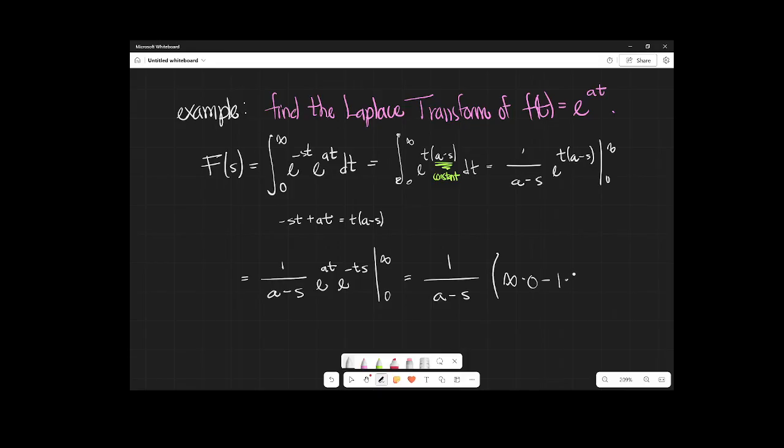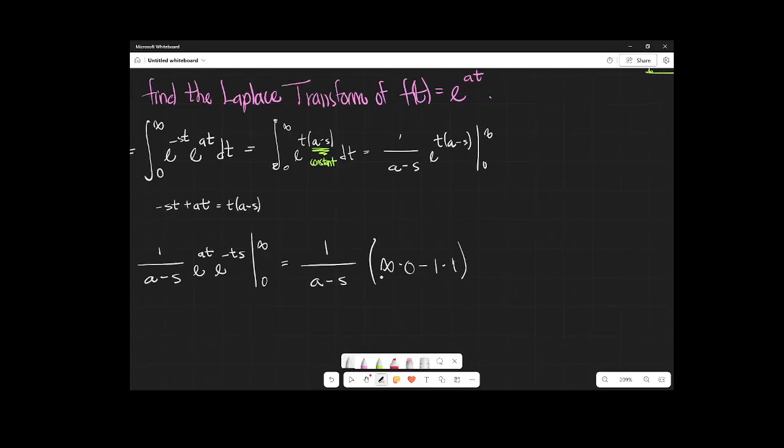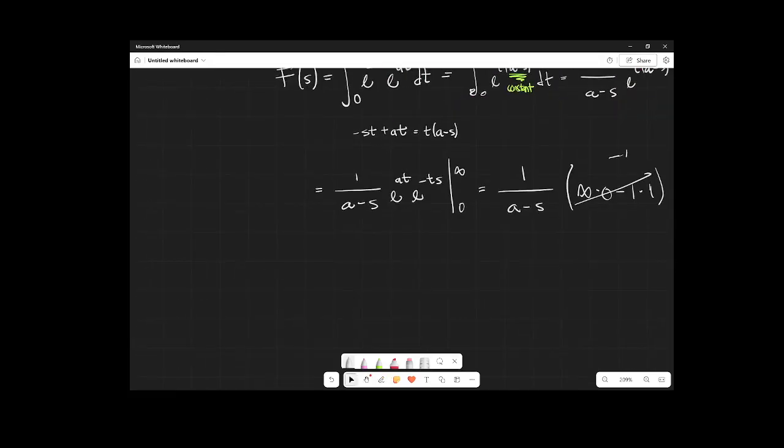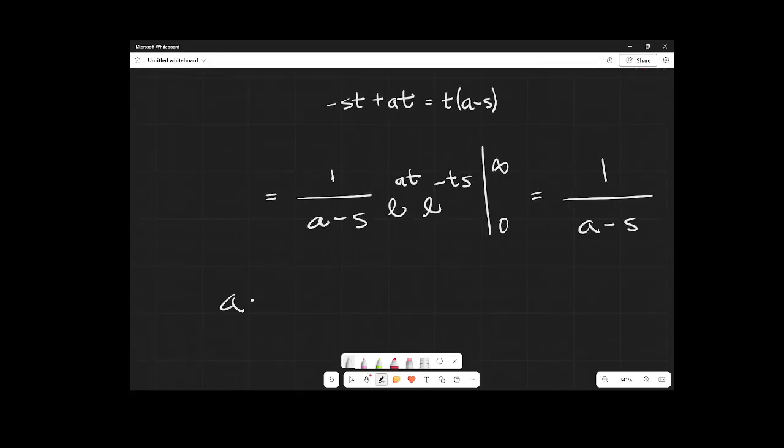So we have 1 times 1. This whole thing just equals negative 1, and because we negated it, we can actually just reverse the order of this difference. That's a really quick way that we can negate rational terms. And so that equals 1 over s minus a. That is the Laplace transform of the function e to the at, where a is any constant.